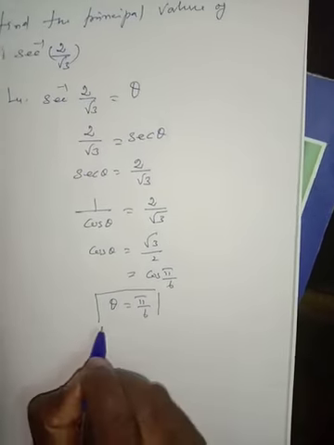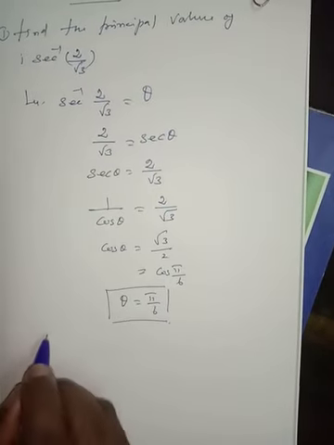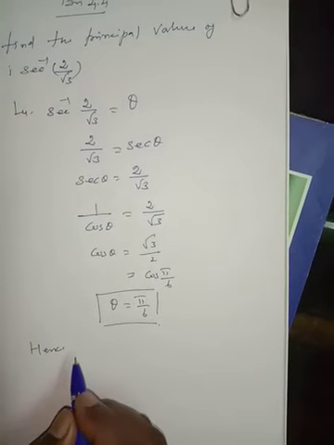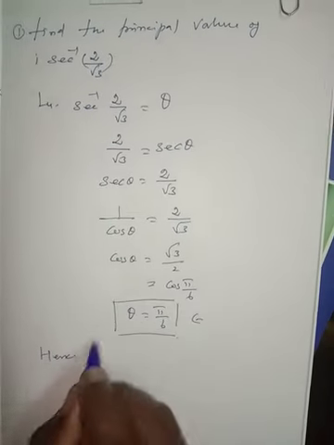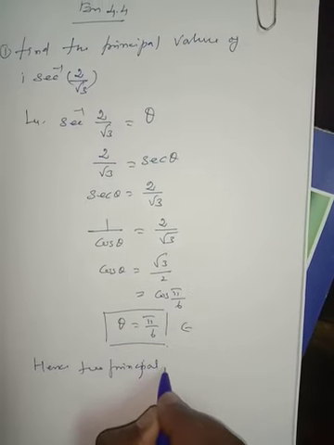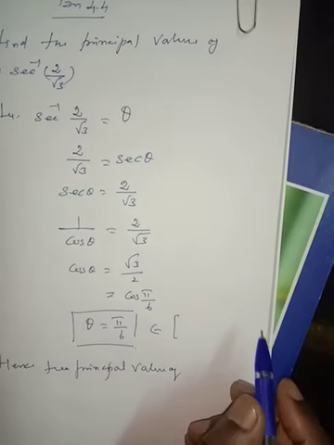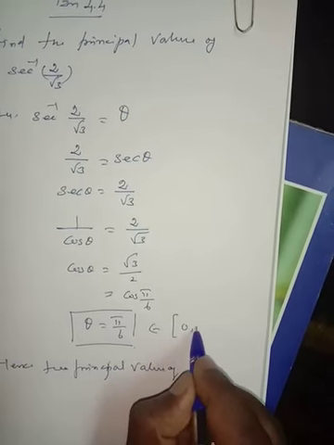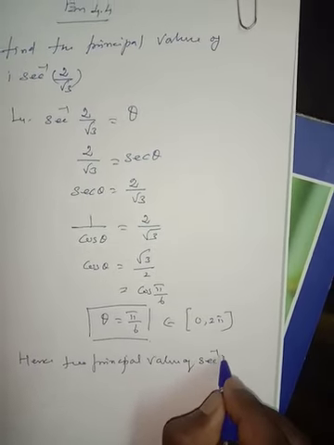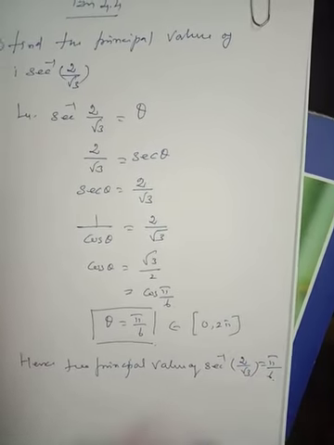Hence the principal value of secant inverse of 2 divided by root 3 is equal to pi by 6.